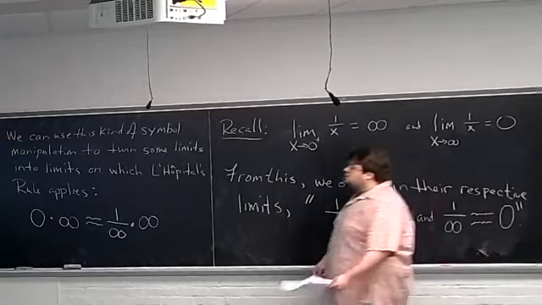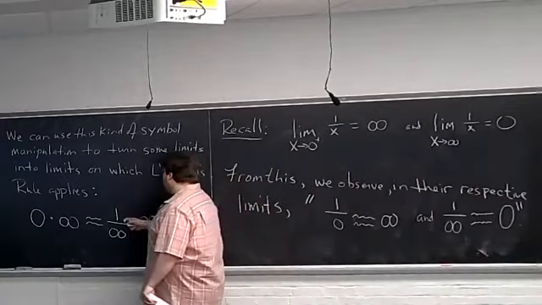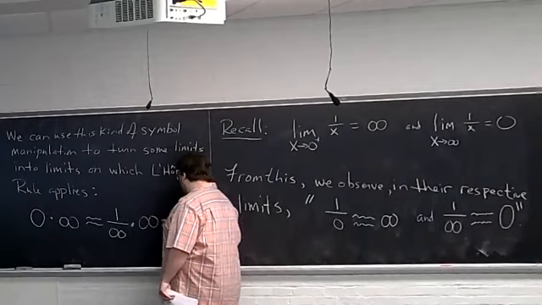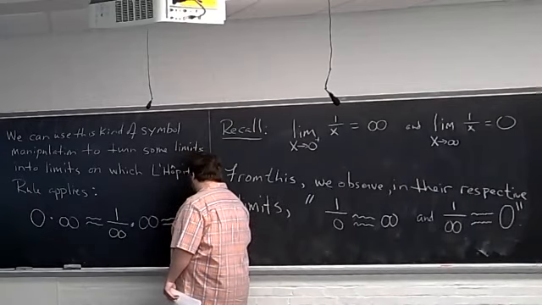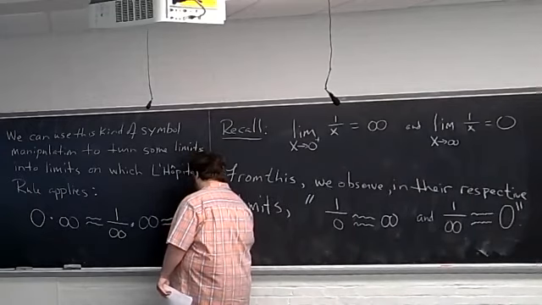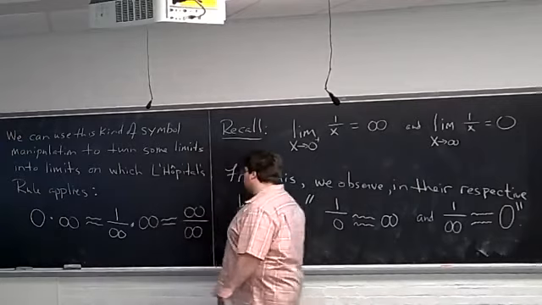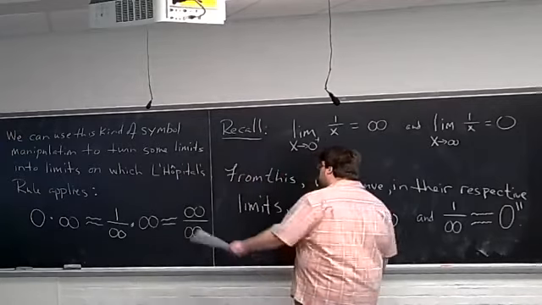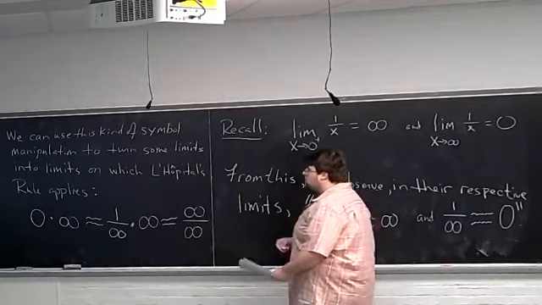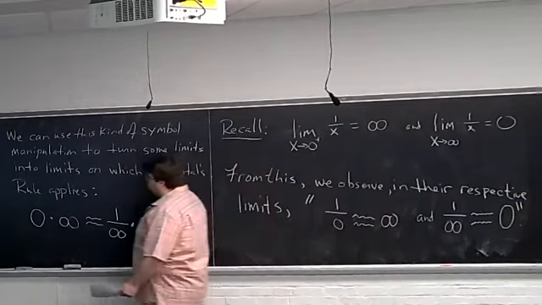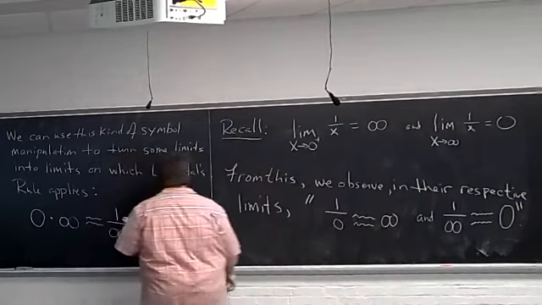So if we put that 0 in the denominator, we now have 1 over infinity times an infinity, which when written as one fraction is a form on which L'Hopital's rule applies. Let's do an example.